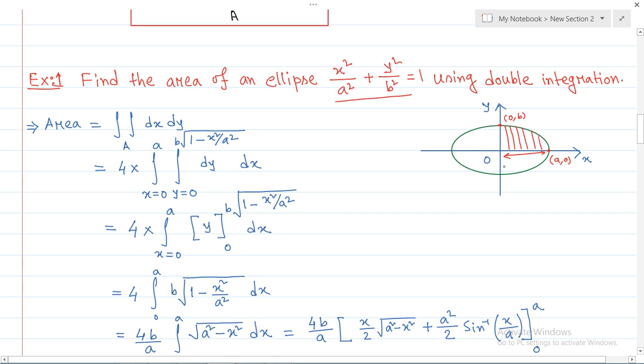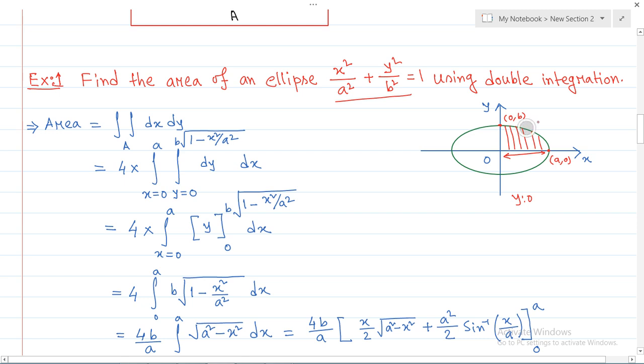Because the ellipse is symmetric in nature, in the 4 quadrants the areas will be the same. So we will find the area in one quadrant and then multiply by 4, so that we get the full area. So y will start from the x-axis, where the y value is 0, and y will go up to the ellipse.